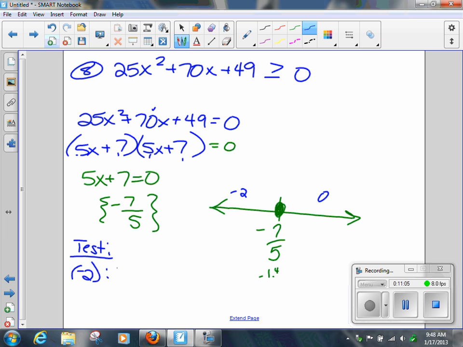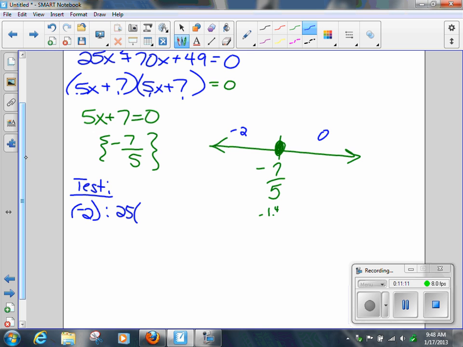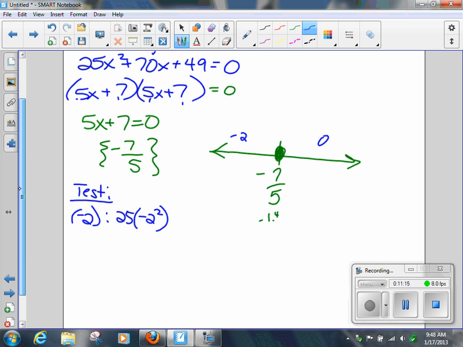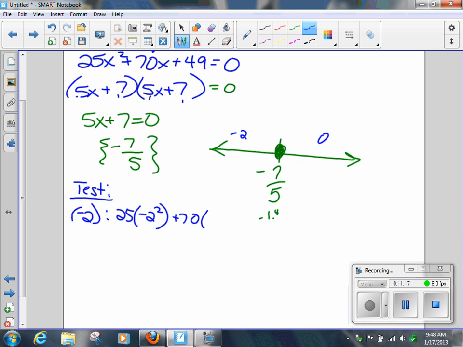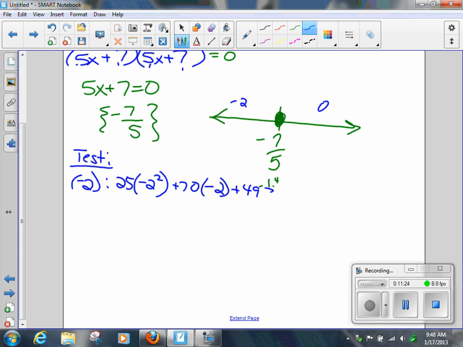Holy moly, big numbers. 25 times -2 squared, plus 70 times -2 plus 49, and it has to be greater than or equal to 0. Here we go. 25 times 4 is 100, minus 140 plus 49.